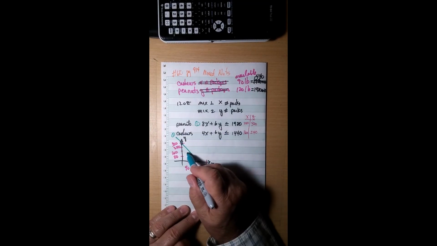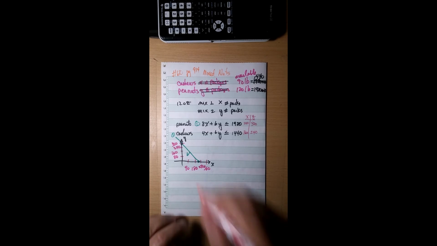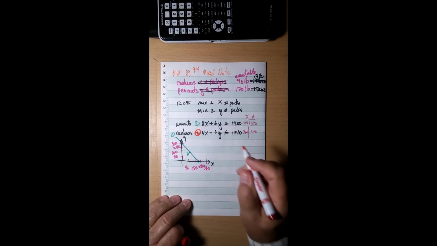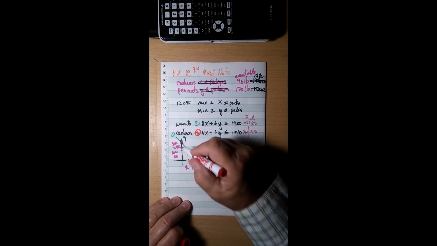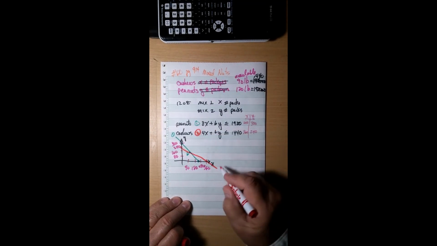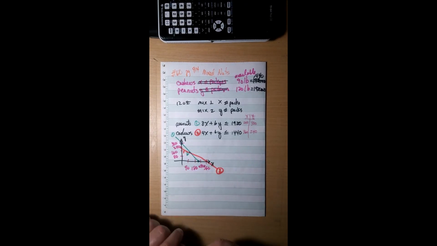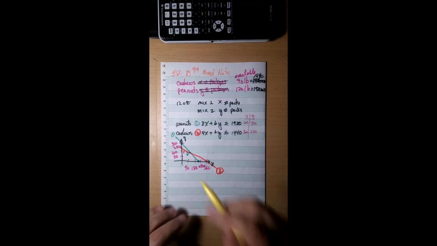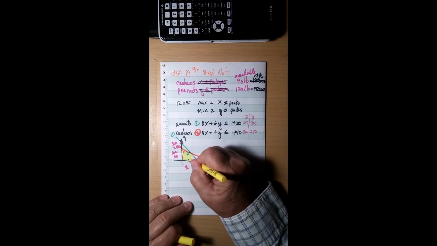We want to be less than that. 0, 0 makes that true. For the cashews, 360 and 240. So that goes something like this. So that's graph 2. We want to be less than that. And of course, we're in the first quadrant. So it's all this stuff in the yellow.